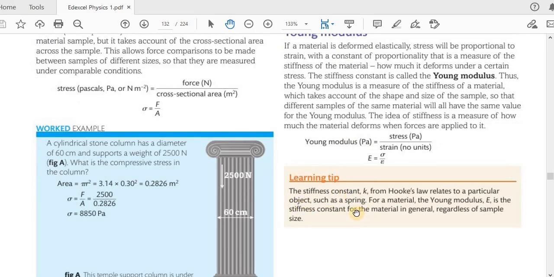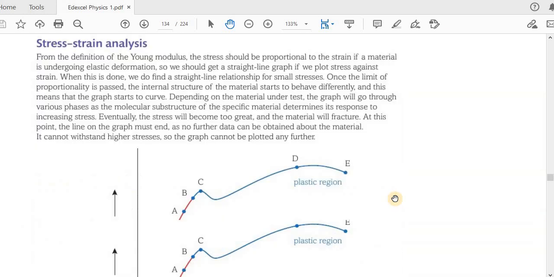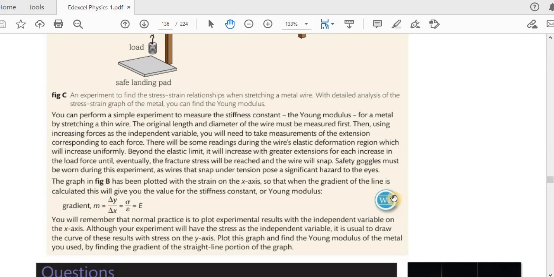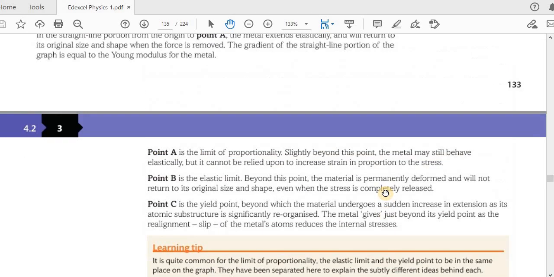Then previously we learnt about the spring constant. It's also called the force constant. Here we can also say stiffness constant. Now if you look at the next chapter, the next part 3, here also you see the word stiffness constant, that is used for Young modulus.